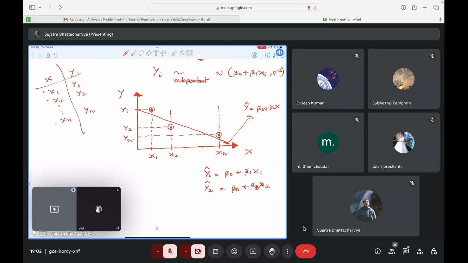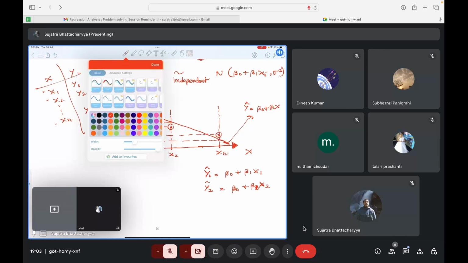So y1 cap will be this one, right? At x1, wherever the line cuts, this is your y1 cap. Here at x2, this is your y2 cap. Similarly, here this is your yn cap.